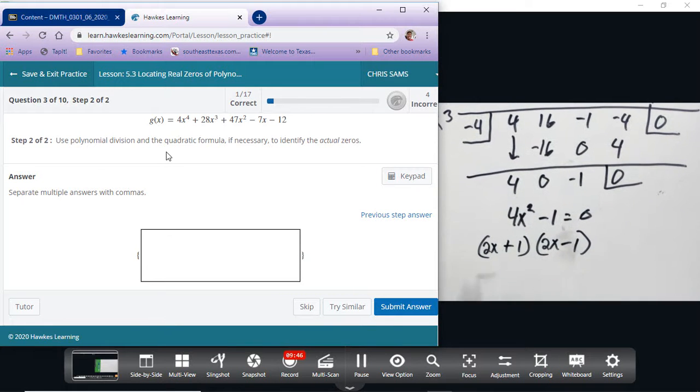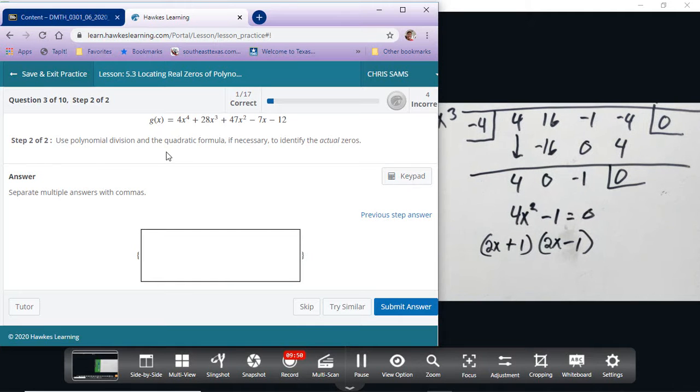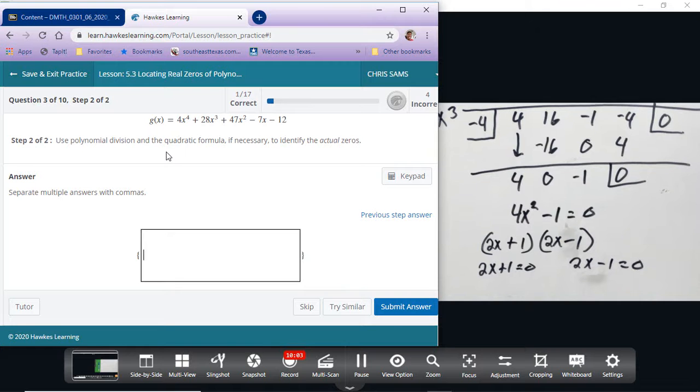So usually with quadratic, you can either factor it or do quadratic formula. Set each of these equal to 0. 2x + 1 equals 0, and we subtract 1, so we get 2x equals negative 1.